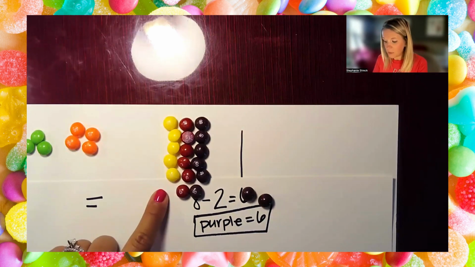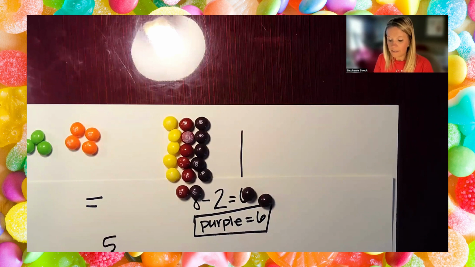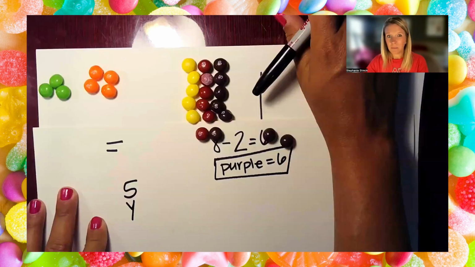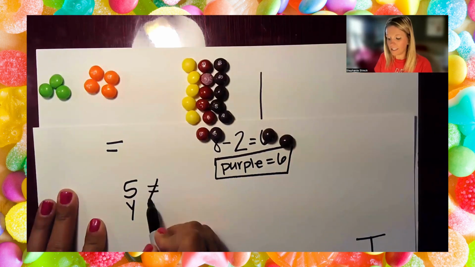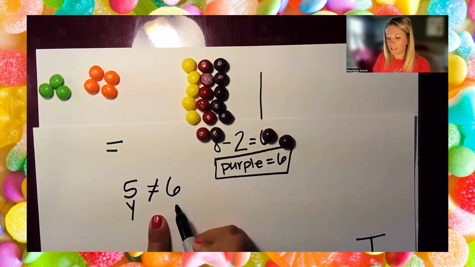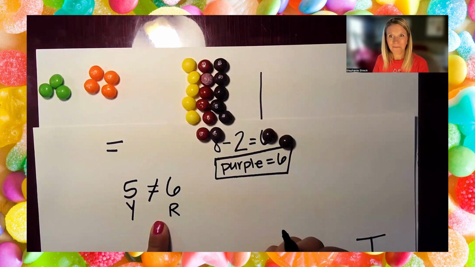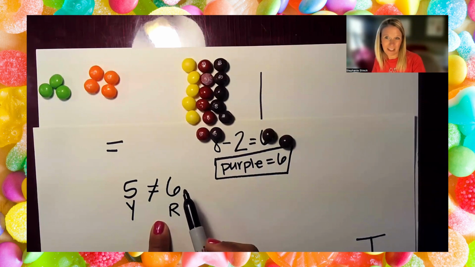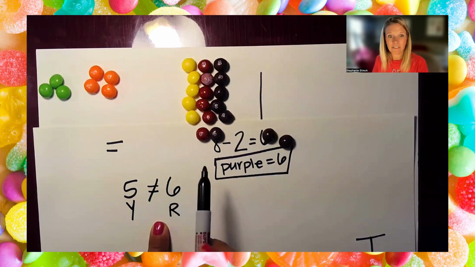Because right now we have 5 yellow, but that is not equal to 6 red, right? So we're doing some comparison, but we're also having fun because we're talking about Skittles or cereal or whatever it is that you're choosing for this activity.